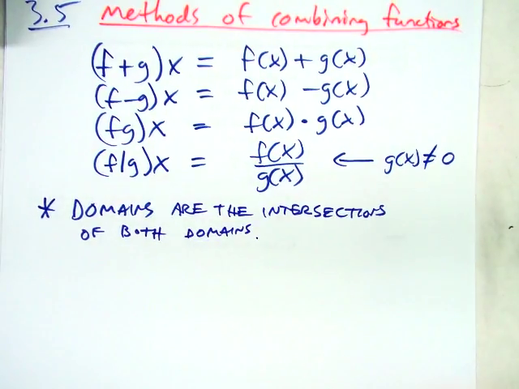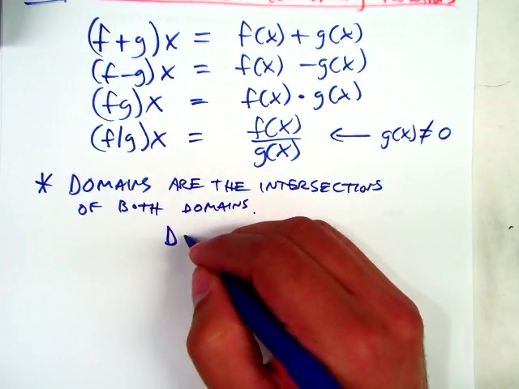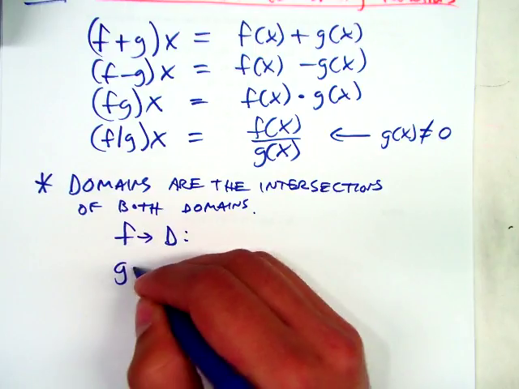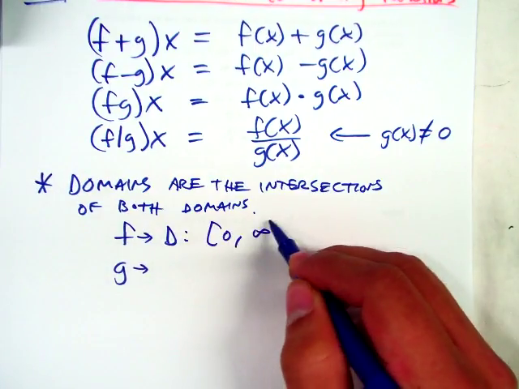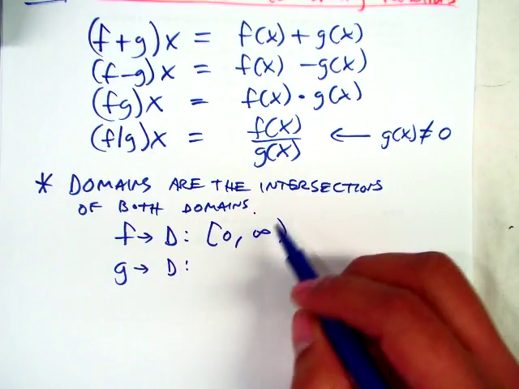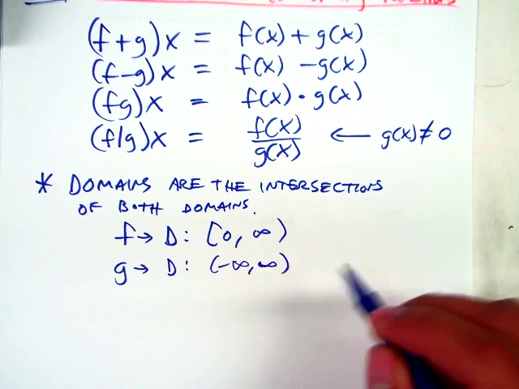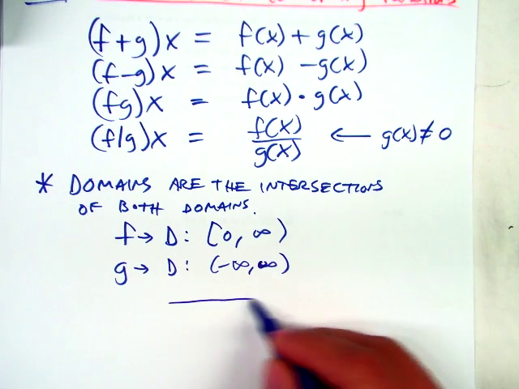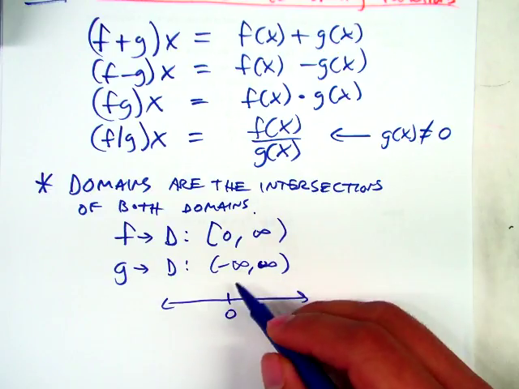So, for example, if the domain for f looked something like 0 to infinity, and the domain for g looked something like all real numbers, if you think of a number line, you graph both domains on a number line to see what's going on.